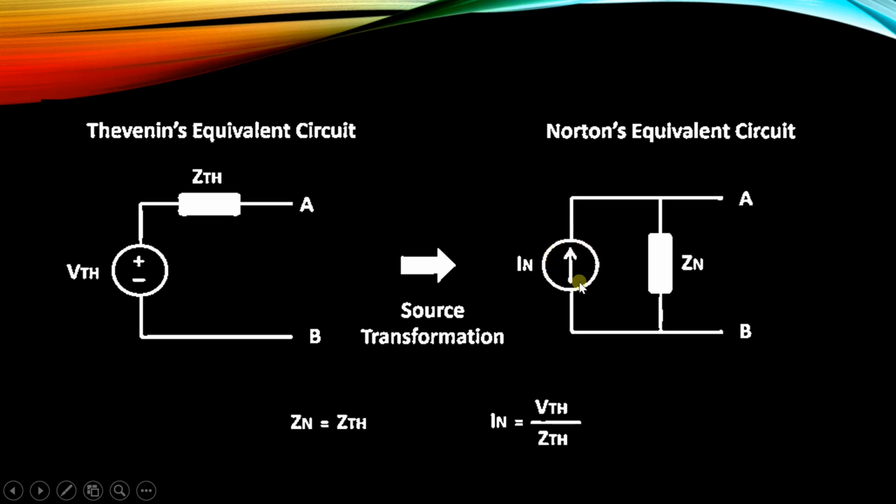So we replace this voltage source with the current source, and the resistance remains the same in the parallel case. This is how we do the source transformation. It means if we solve the circuit with Thevenin's theorem, we can convert that into Norton's theorem as well.